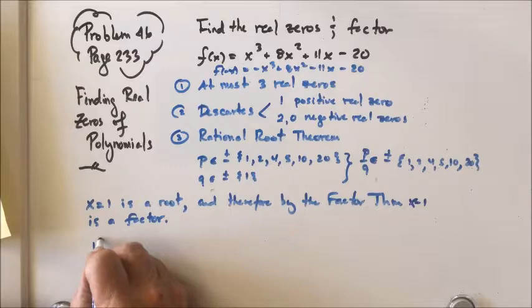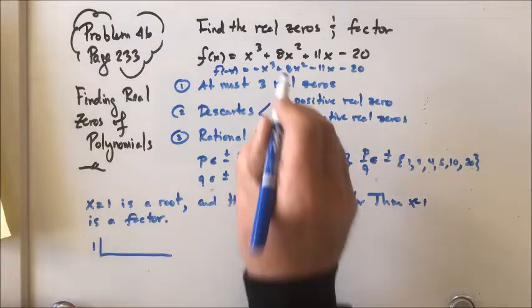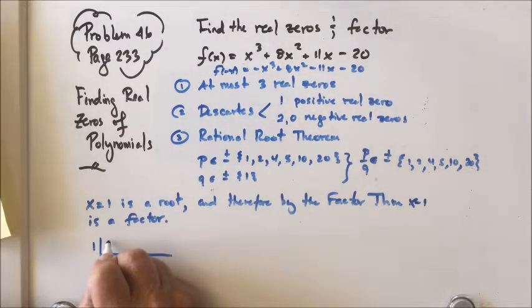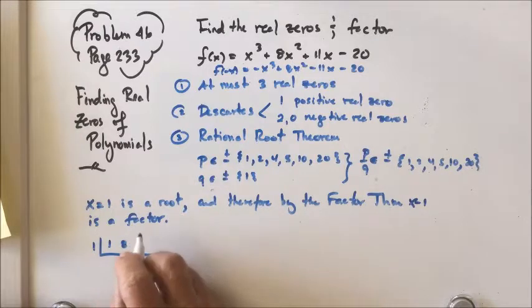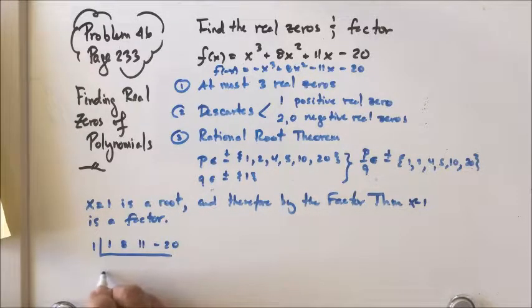So we're going to set this up to look like this. We've got to just write down the coefficients here: 1, 8, 11, minus 20. Draw my little line, and now I'm off and running. I bring down the 1, multiply by 1, put it there, add these up, I get 9. Multiply by 1, put it there, add these up, I get 20.